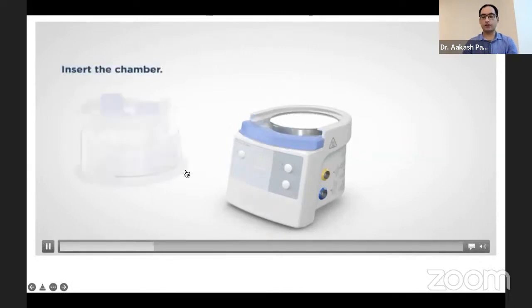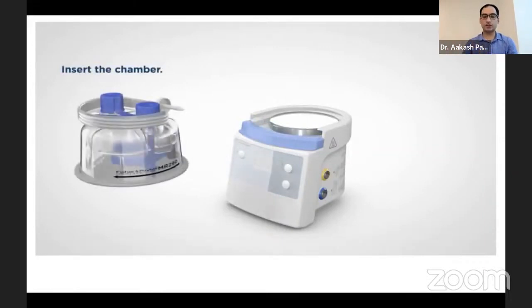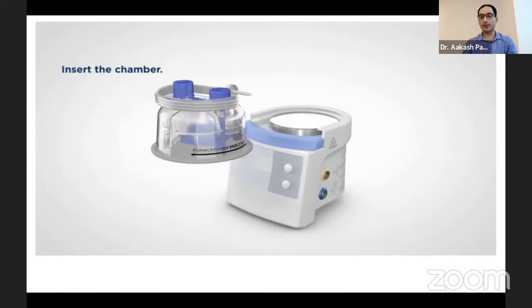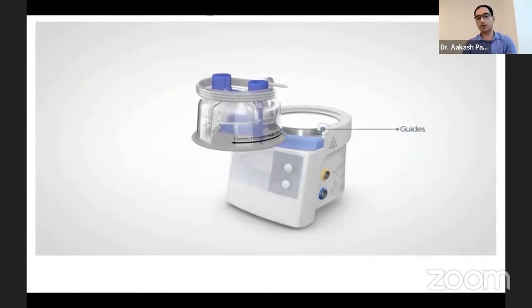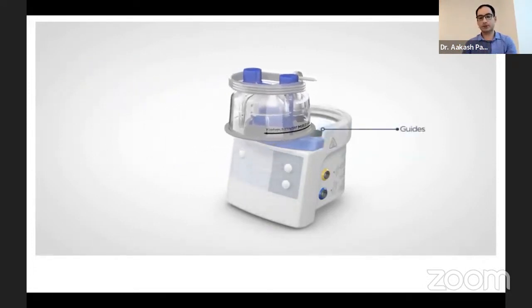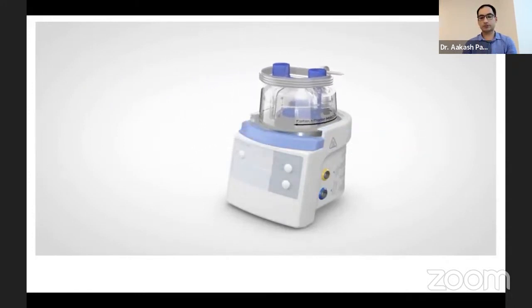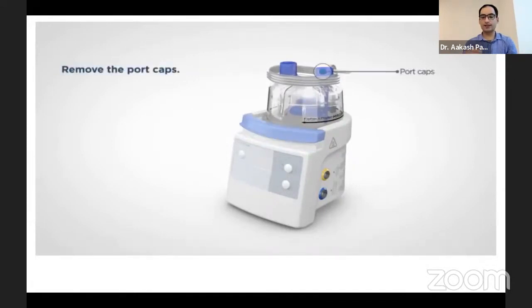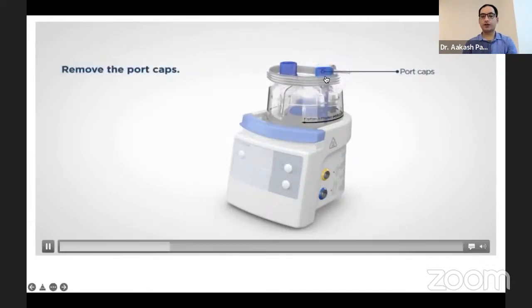So what we do is lower the finger guard and insert this humidification chamber over it, and it is sealed in place, and we can usually hear a click when it is in place.